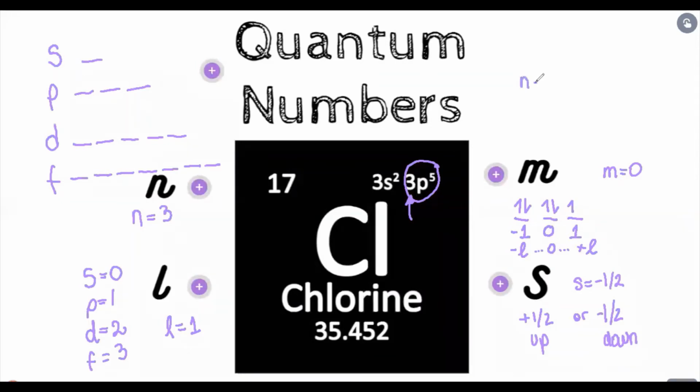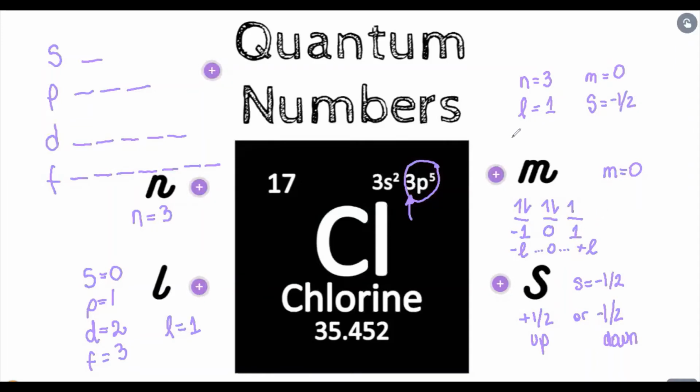This would be N equals 3, given that it is on the 3rd period, or the 3rd energetic level. L equals 1 because my orbital is P. M equals 0 because it is positioned on the middle suborbital, and S would be minus 1/2 because my differential electron is looking down.